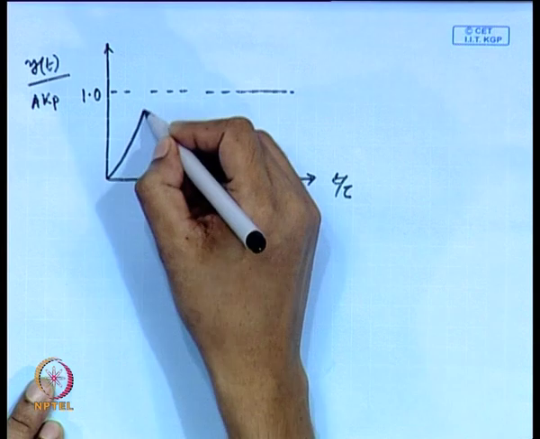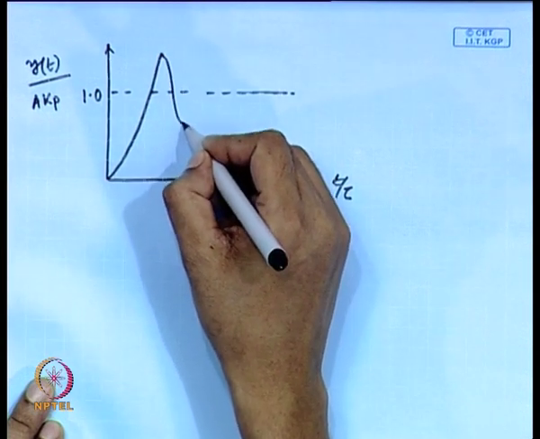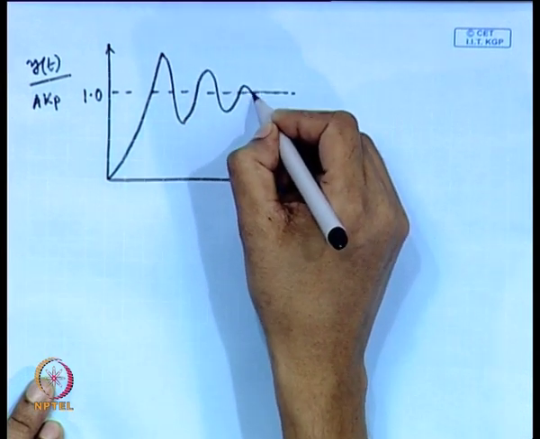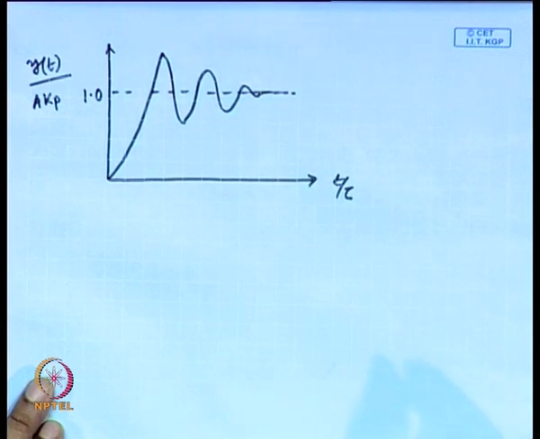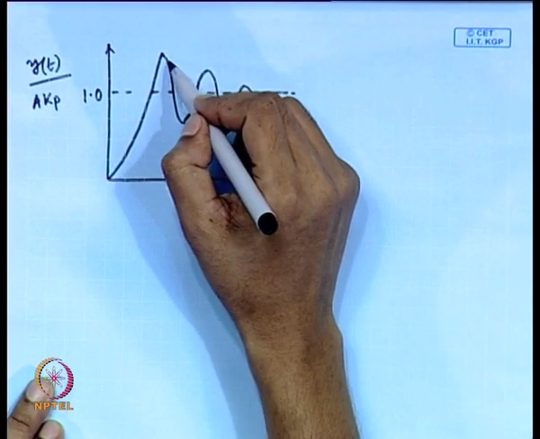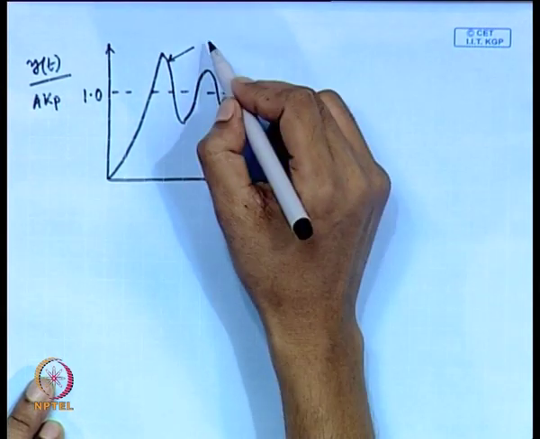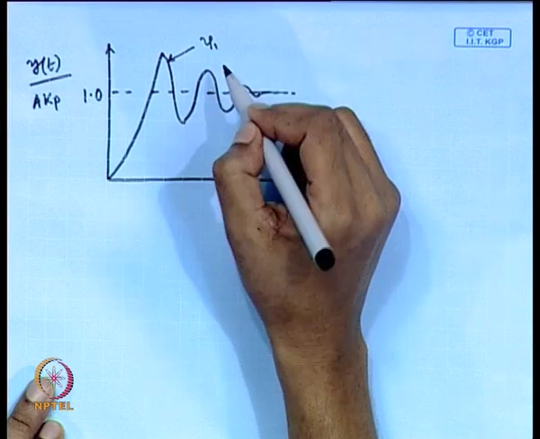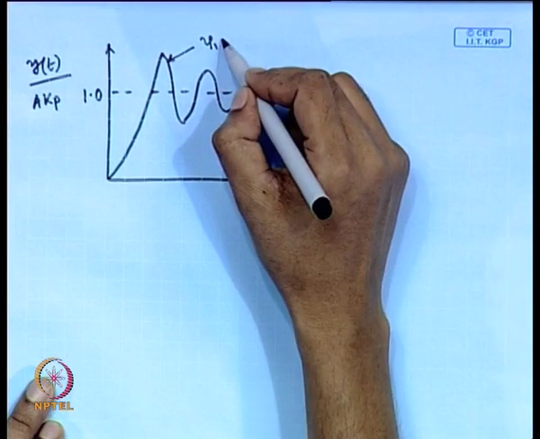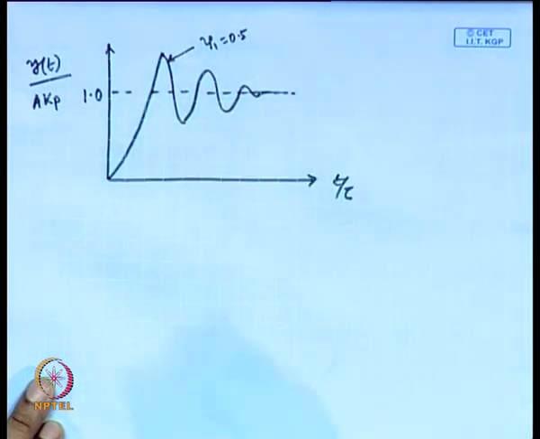So, the output is like this. This type of response we obtain for the value of zeta say 0.5.